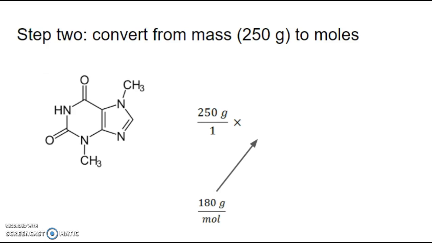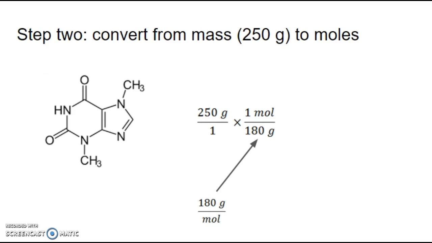So we can take that conversion factor and multiply it by our given 250 grams. But in order to do that, I have to flip the fraction over. So instead of 180 grams divided by 1 mole, it will be 1 mole divided by 180 grams.